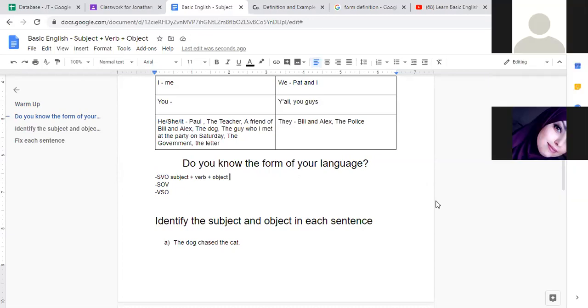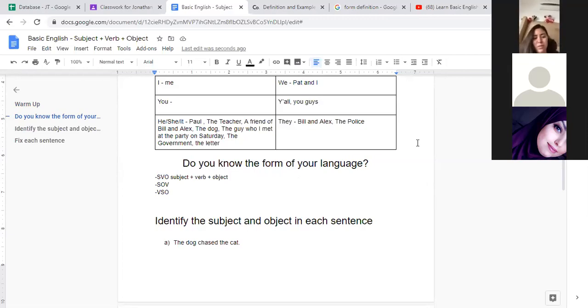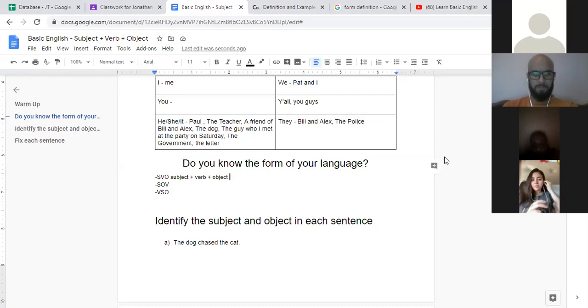Let's start with Paula. Can you try to explain the form of Spanish, or do you know? Of course, there are many variations. There are many different kinds of sentences, but how would you describe Spanish? In Spanish, we have the subject also, and next to the verb, and then it's almost the same as English, but it's more confused because we have many words to say the.